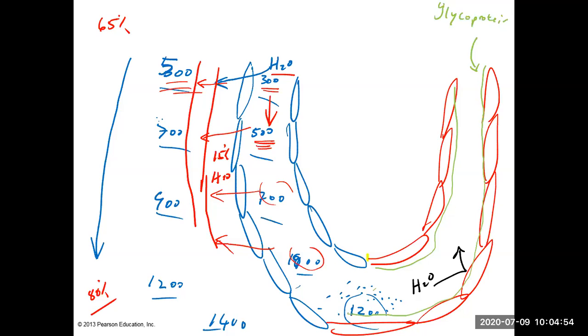However, in the ascending loop of Henle there are important sodium, potassium, and chloride ion pumps. Basically, what you need to know is that it is permeable to NaCl, salt. There is a special pump called the sodium, potassium, and chloride pump.